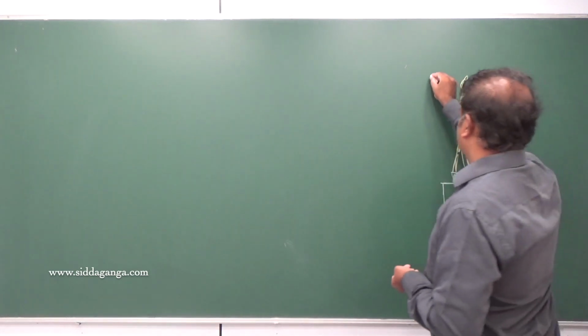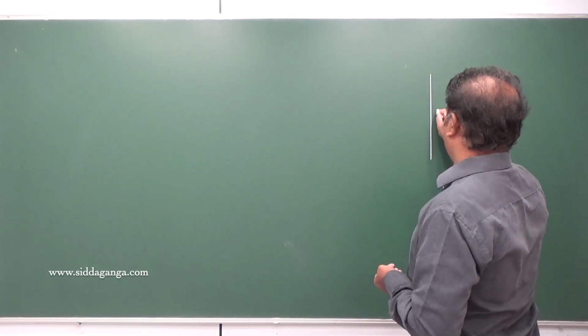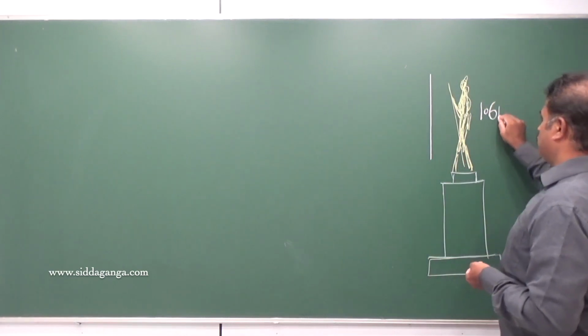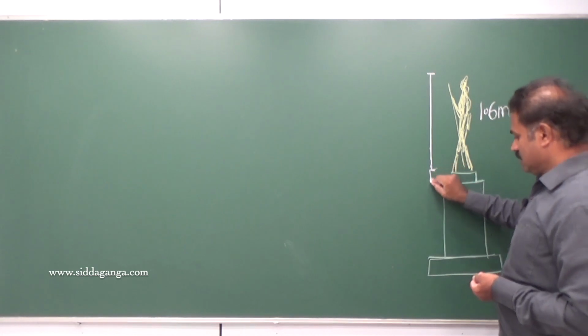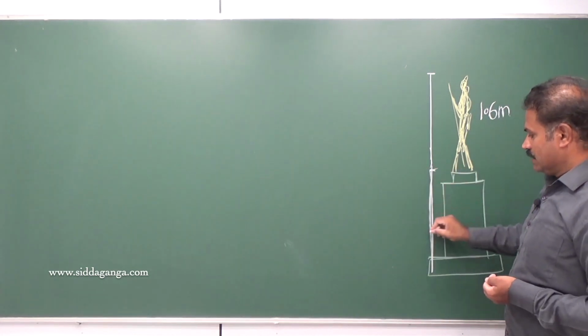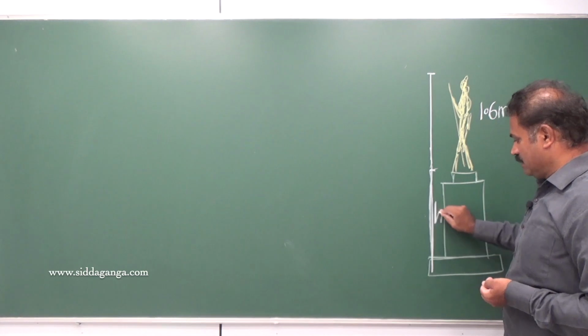And the height of the statue they have mentioned as 1.6. The height of the statue is 1.6 meters. And you need to calculate the height of the pedestal. So let us consider this height of the pedestal as h.